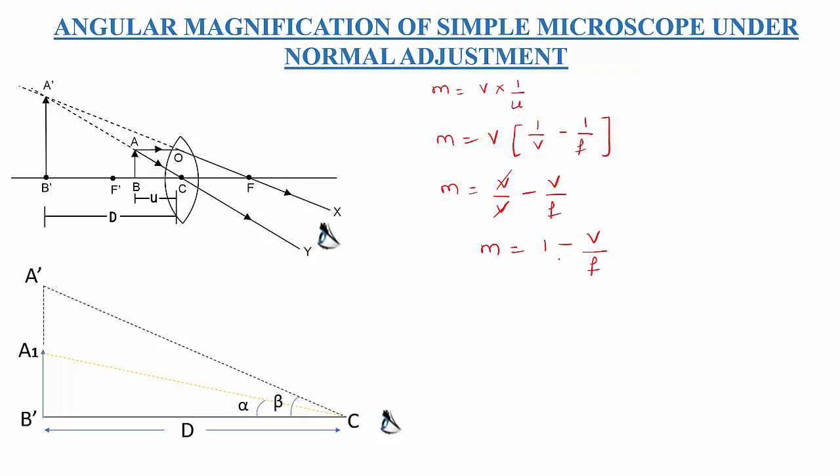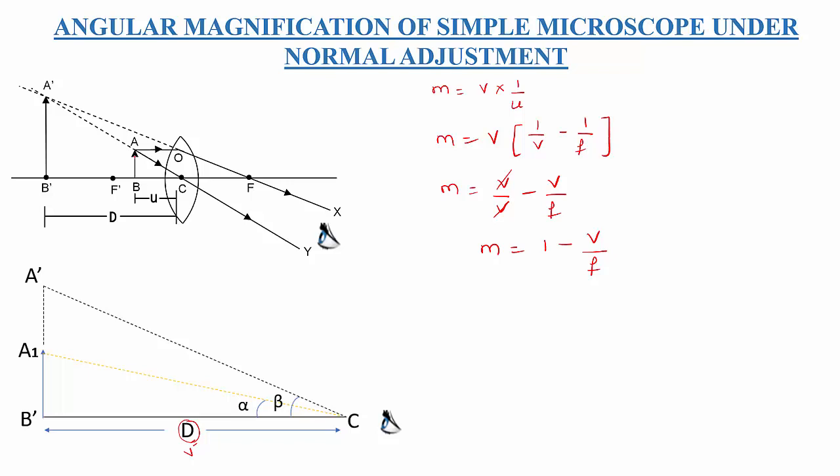Right? Now, what is V? V is the image distance. Where is the image? The image is at the least distance. So instead of V, we can write the least distance, capital D. But this image is formed on the same side of the lens, according to the Cartesian sign convention. So this image distance will be negative because it is opposite to the direction of incident rays.